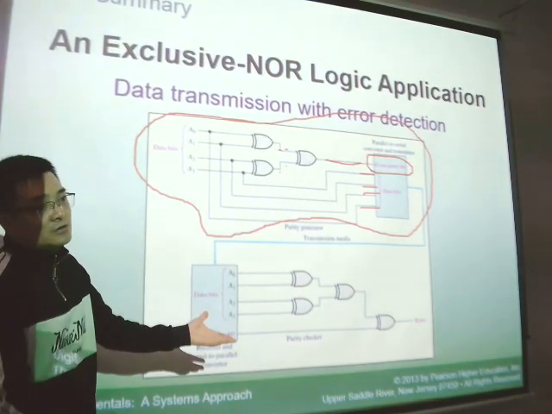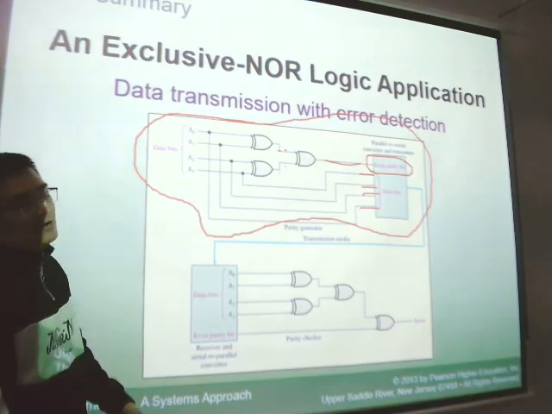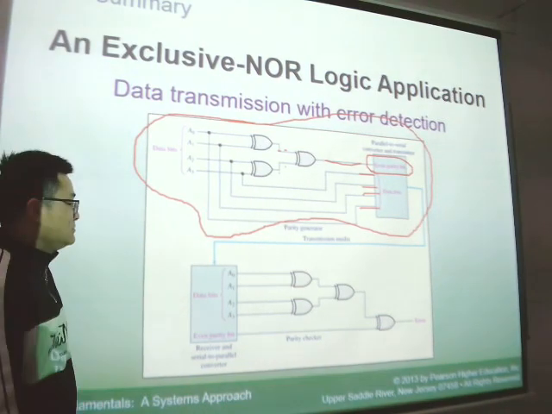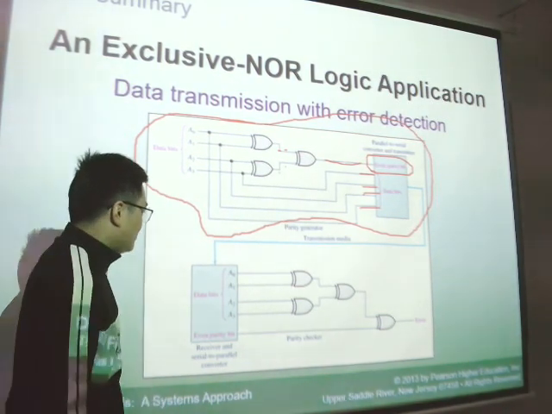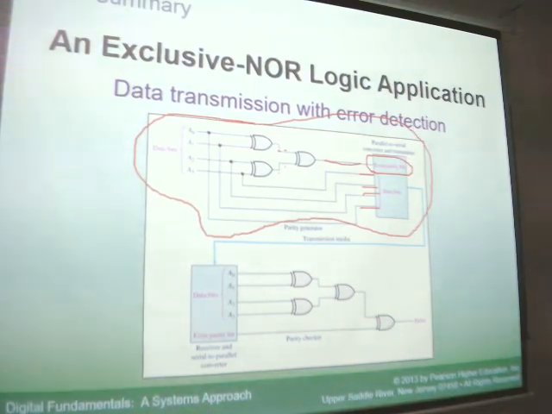They are different. So the data has an error. So this is exclusive. The exclusive OR logic can be applied to data transmission with error detection.